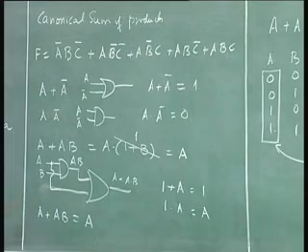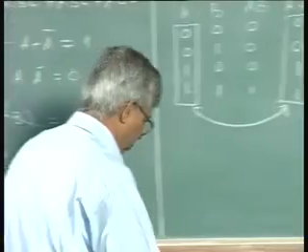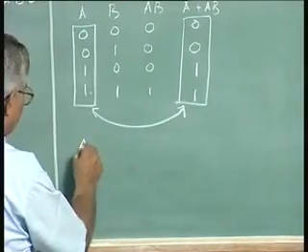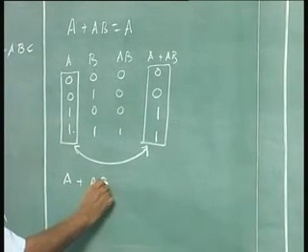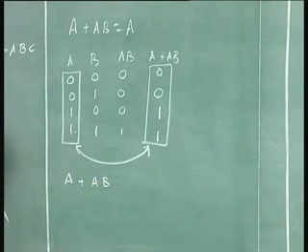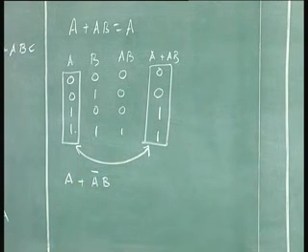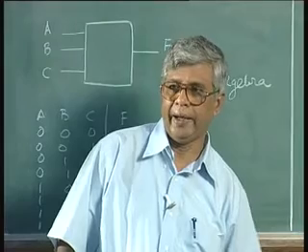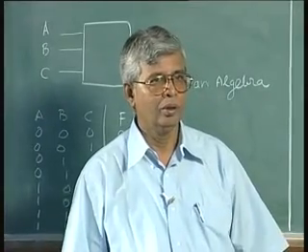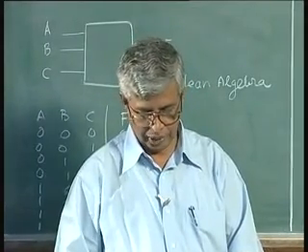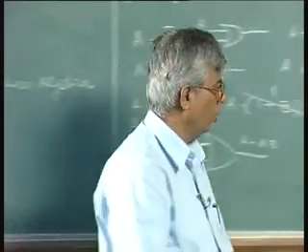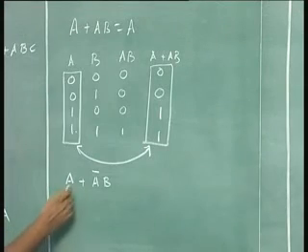Correct? Two other identities and then we will stop this. For example, suppose we have A or not A and B. What do you think this will be? A or not A and B. So you can just write this if you want to.